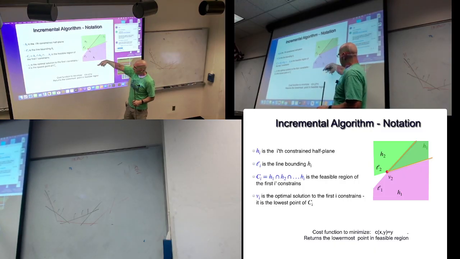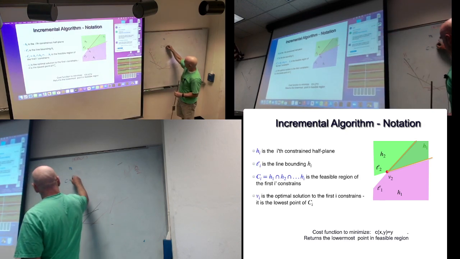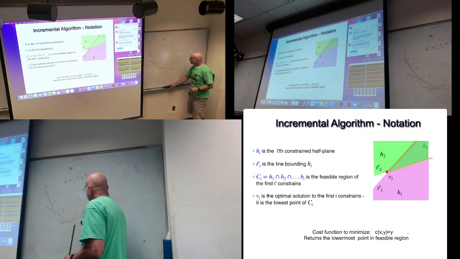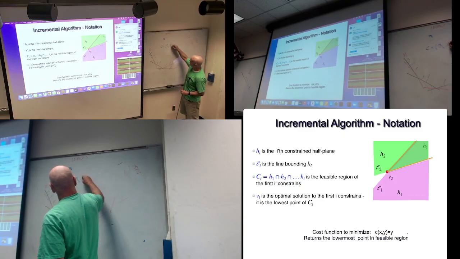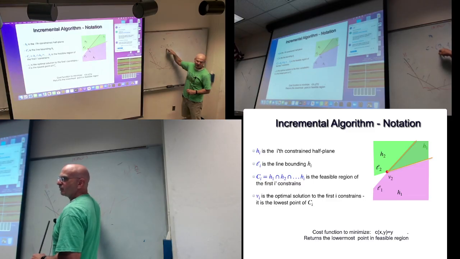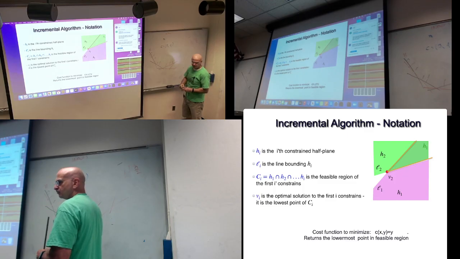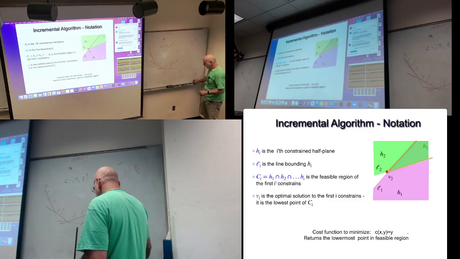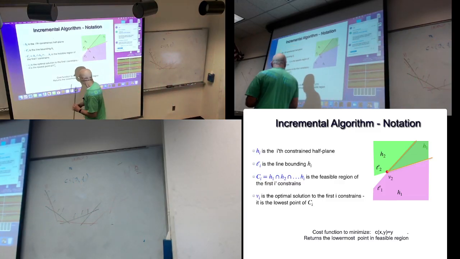For visualization, let's say that our cost function c is (0, 1), meaning the x value in the cost I don't care about at all. For the y, I'm trying to make y as small as possible. Everything that I'm saying will work with any linear cost function, but visualization-wise, it will help me.